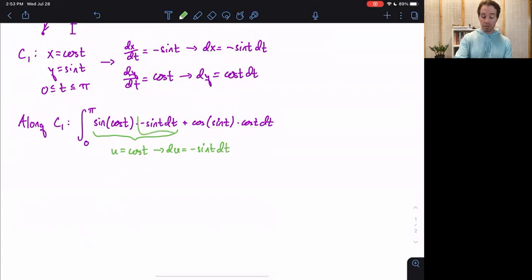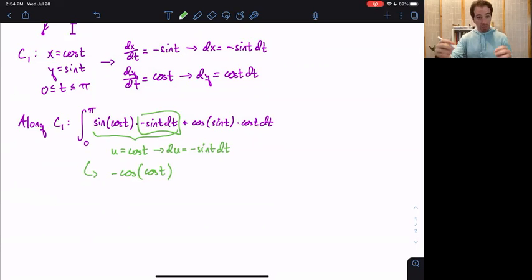And look at where that happens. It's right here. So this very quickly turns into sine of u. And the integral of sine of u is negative cosine of u. So this will turn into negative cosine of cosine of t.